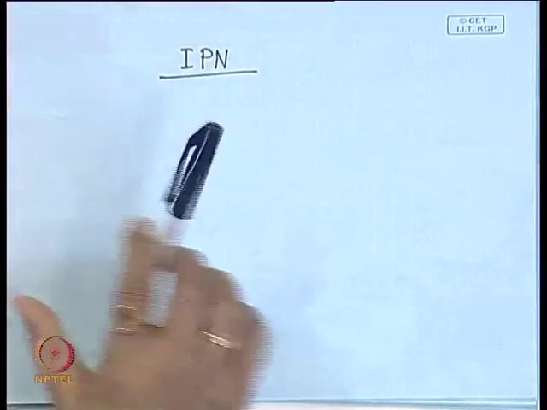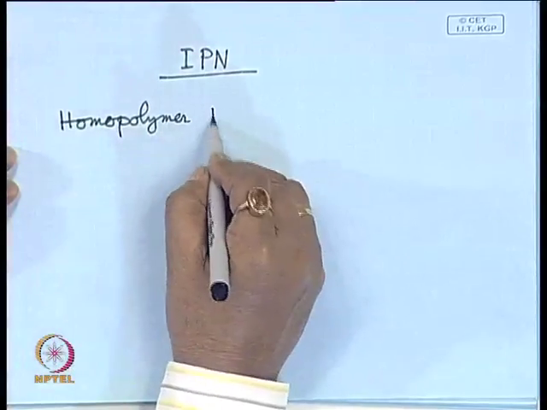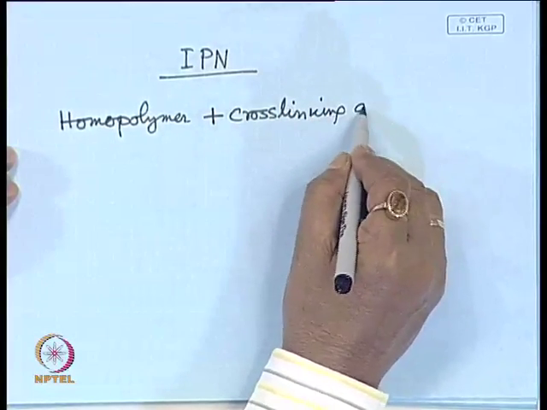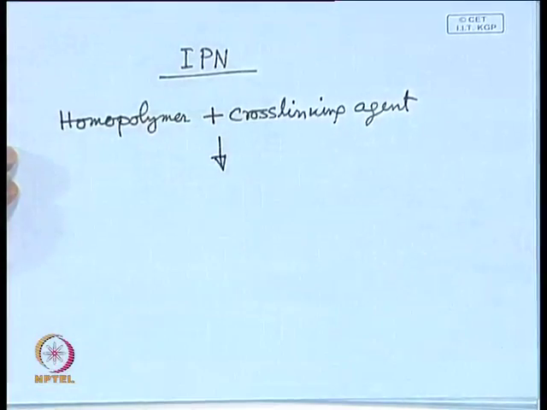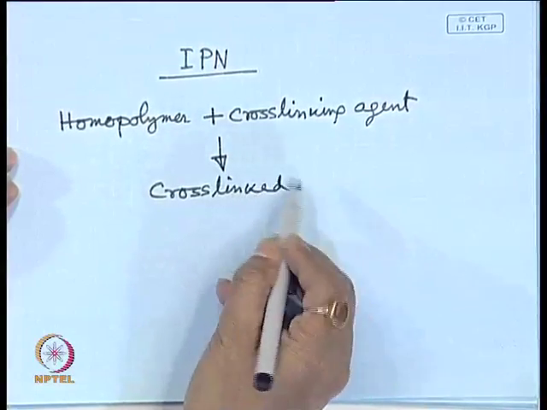What is IPN? You take a homopolymer, put some cross linker, you will get cross linked polymer.